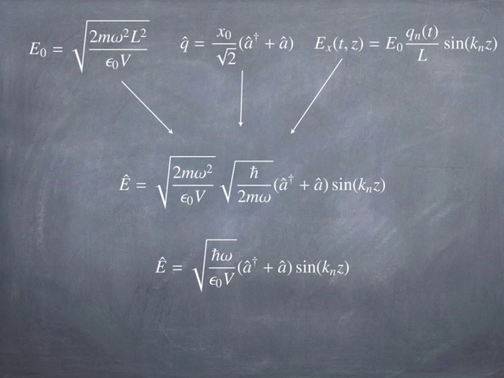Notice that when you square the real electric field, the classical electric field, you get an energy density if you multiply by E naught. And notice if you square this and multiply by E naught, you get h bar omega, which is an energy, divided by volume, so you get an energy density.